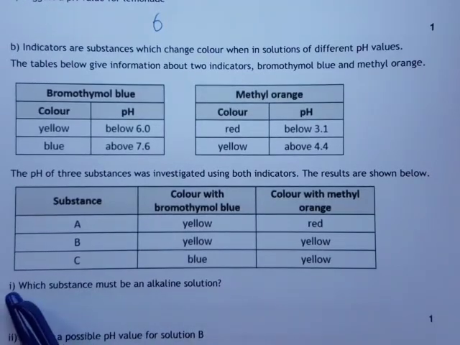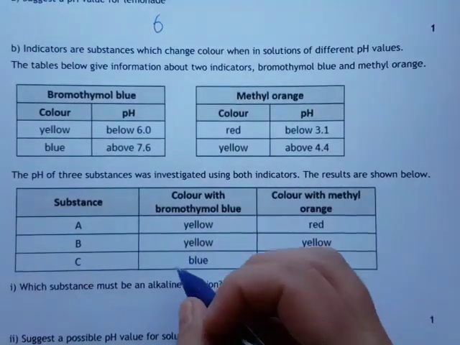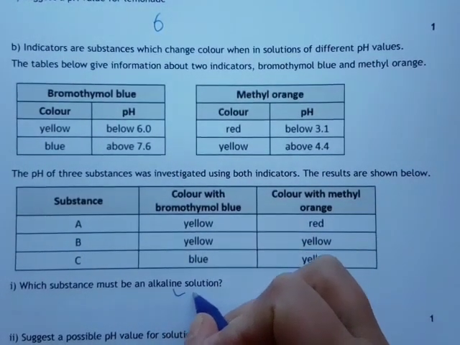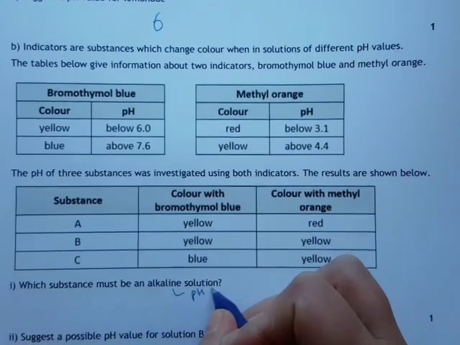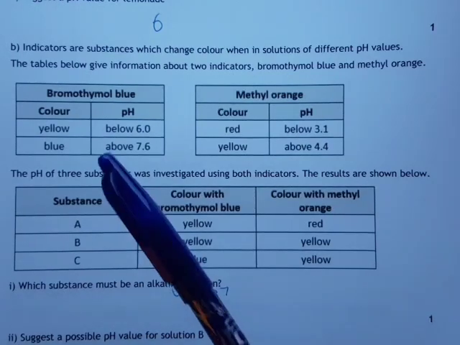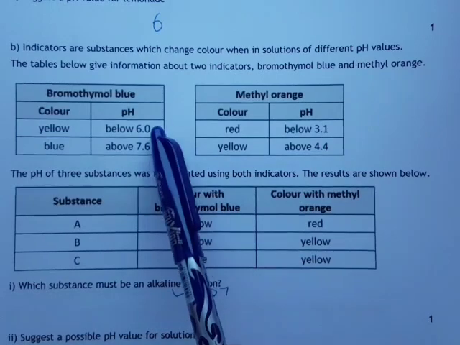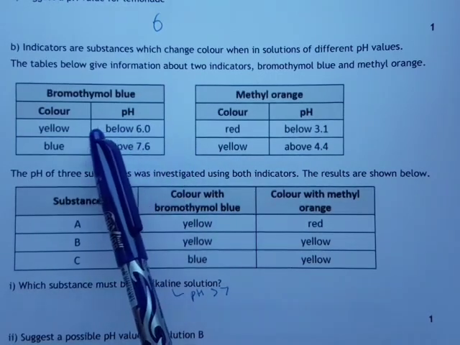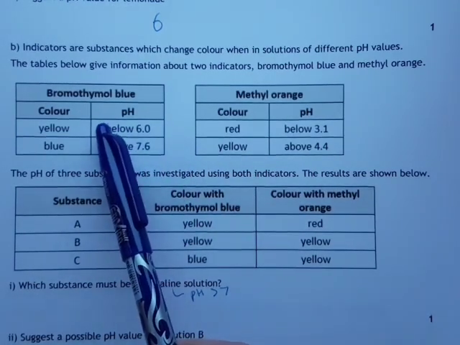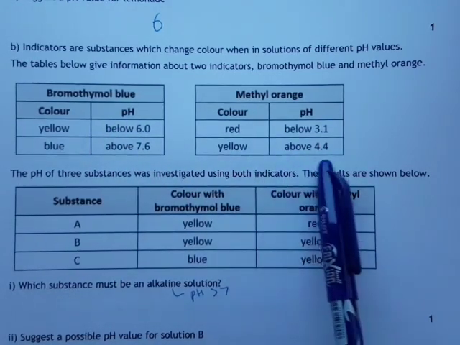And it says, part I, which substance must be an alkaline solution? Okay, so you should know that alkaline means pH is greater than 7. So you're looking for something which must have a pH of greater than 7. Well, if you look at the different colours, most of these colours are for pHs below, so say below 6, below 3, even above 4.4.